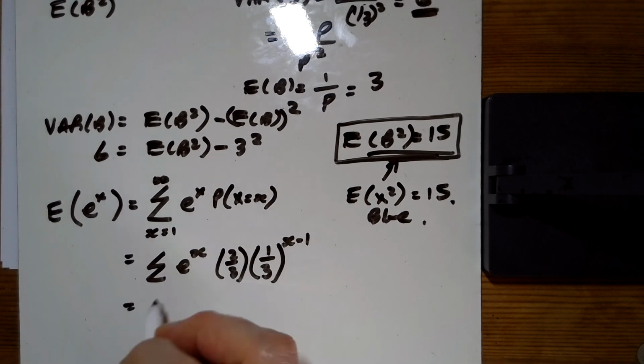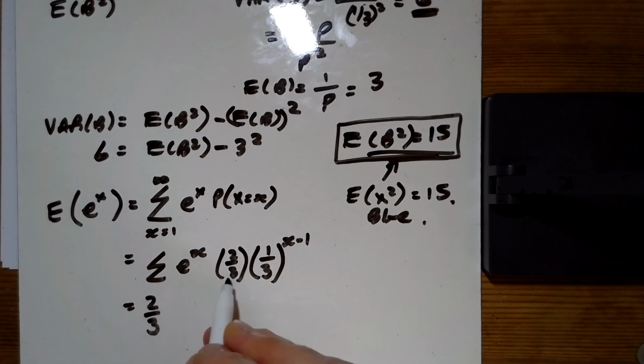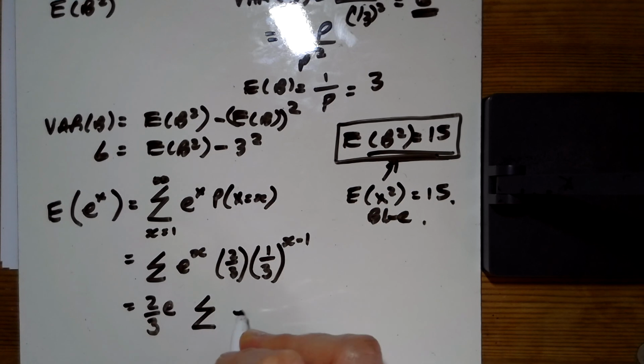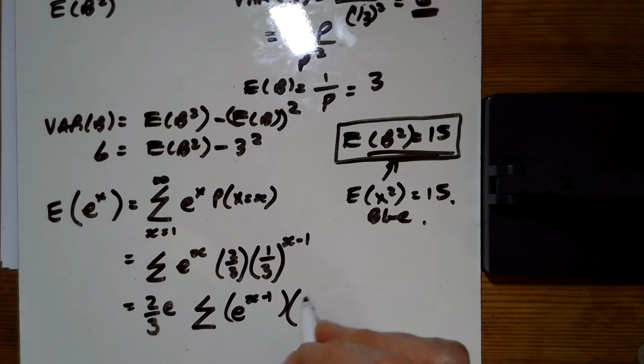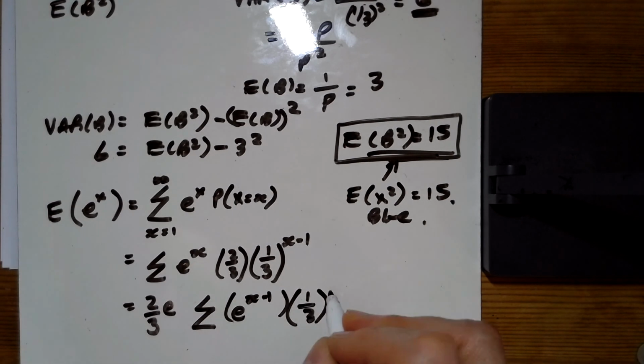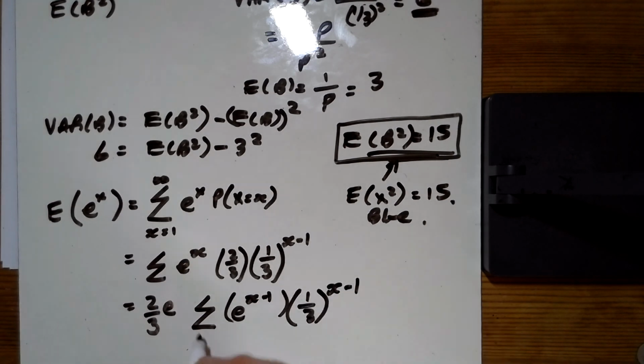Let's take out the factor of 2/3, and let's take out one of the e's there. 2/3 e times by the sum of e to the x take away 1 times by 1/3 to the x take away 1 from 1 to infinity. Now, why did I take that out?